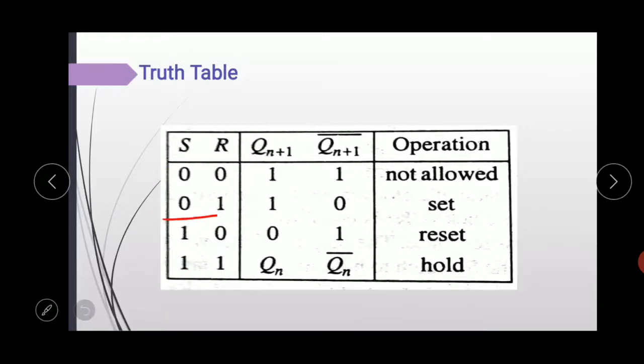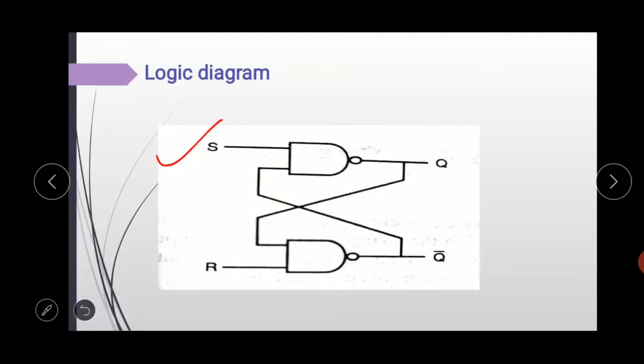First we take the input combination 01. As we know, for any 0 input to a NAND gate, the output is 1. So here 0 is given at the input of the NAND gate, and at the output we get 1.